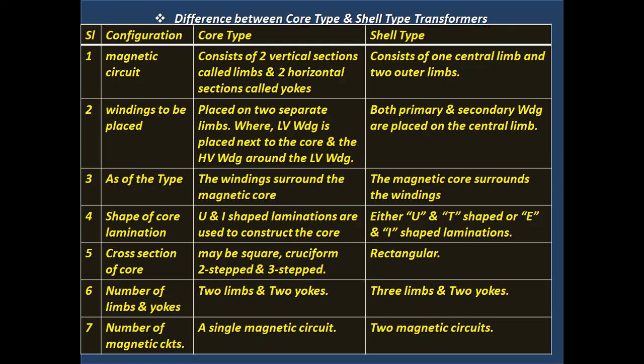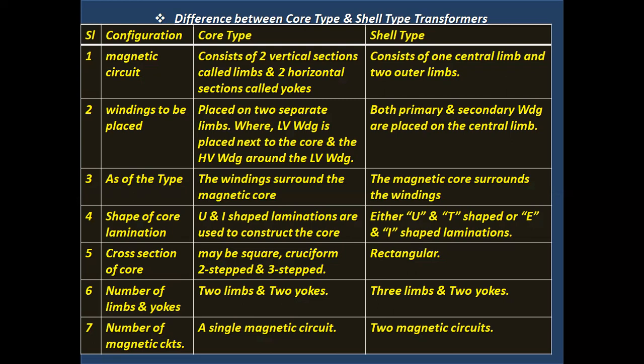In case of core type, they are placed on two separate limbs, where the LV winding is placed next to the core and the HV winding around the LV winding. For shell type, both primary and secondary windings are placed on the central limb. As for the type, in case of core type, the windings surround the magnetic core, whereas in shell type, the magnetic core surrounds the windings.